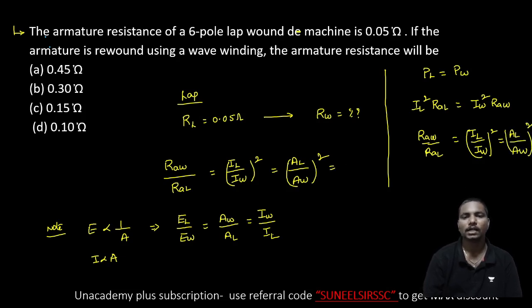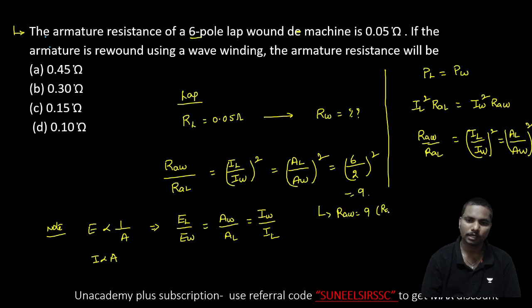That means the number of parallel paths in lap winding is the number of poles, that is 6, and in wave winding it is 2. So 6 by 2 is 3, 3 square is 9. Then R_AW is equal to 9 times R_AL, that is 9 times 0.05, which is 0.45. So the answer is option A.